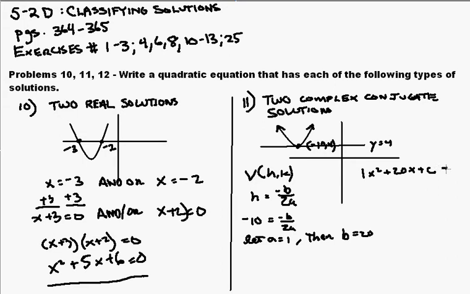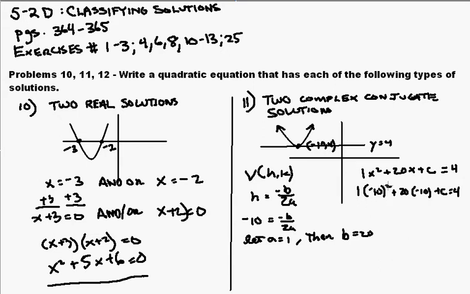So we're going to say this is equal to 4. Now, I know my x is -10, so let's do a substitution for that. So I'm going to go 1 times -10 squared plus 20 times -10 plus c equals 4.